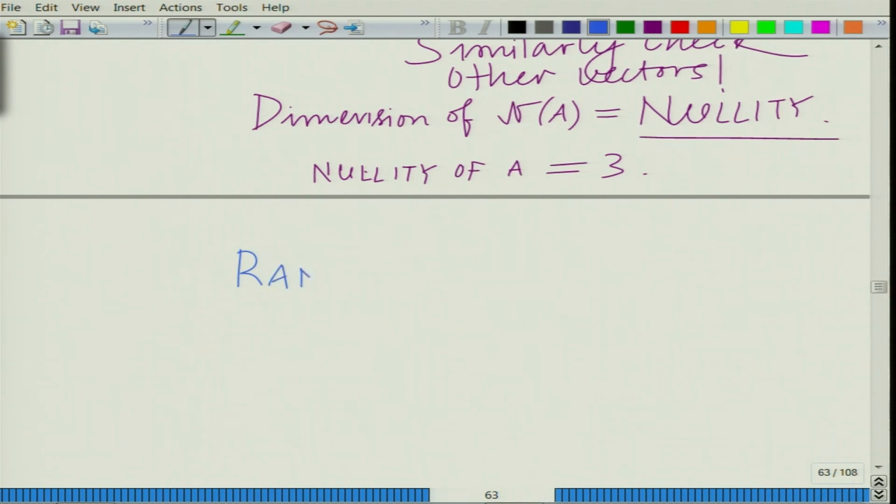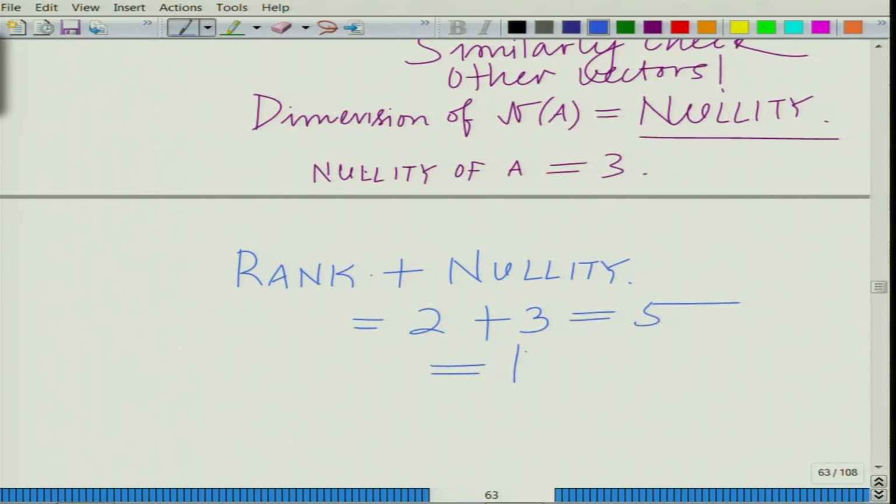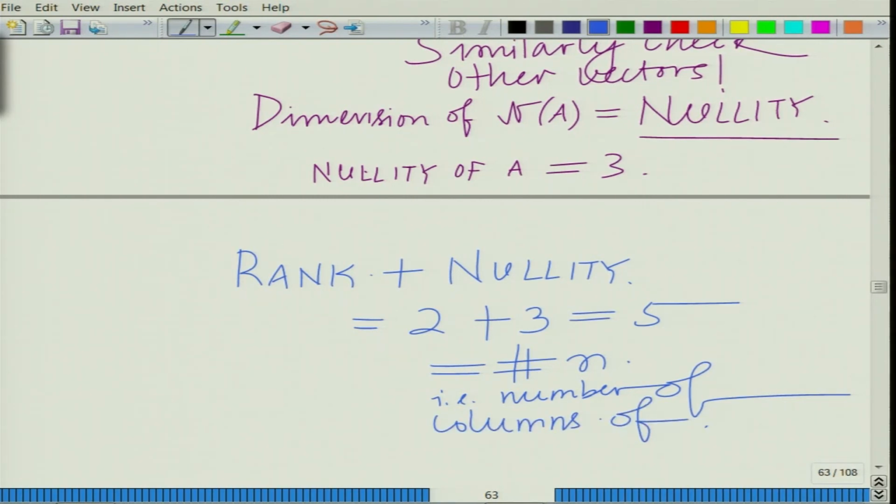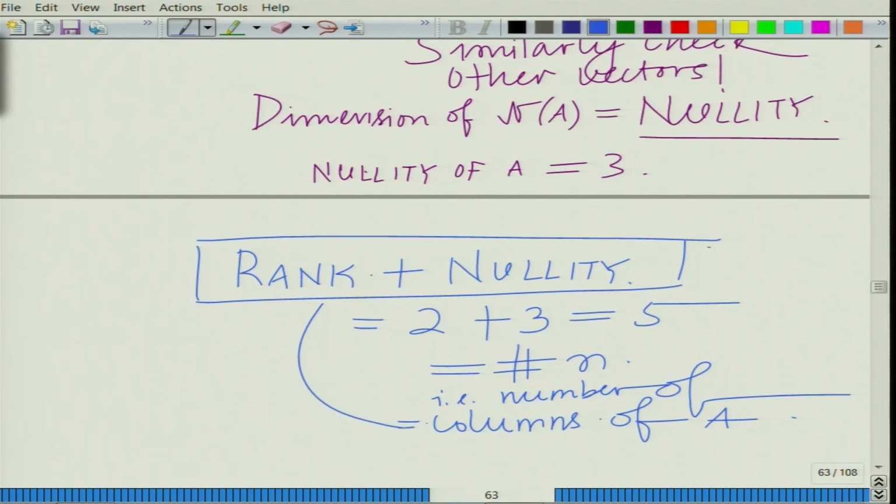you have the famous rank plus nullity theorem. So, you have rank plus nullity, which is equal to 2 plus 3, which is equal to 5, which is essentially equal to n, that is, the number of columns of A. So, rank plus nullity equals the number of columns, rank plus nullity equal to n.